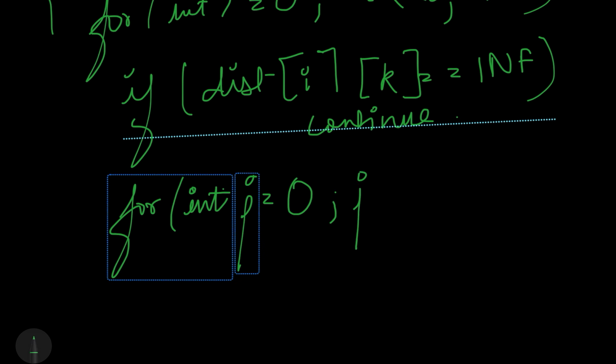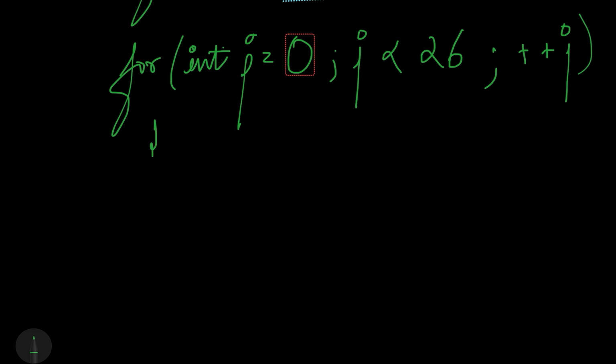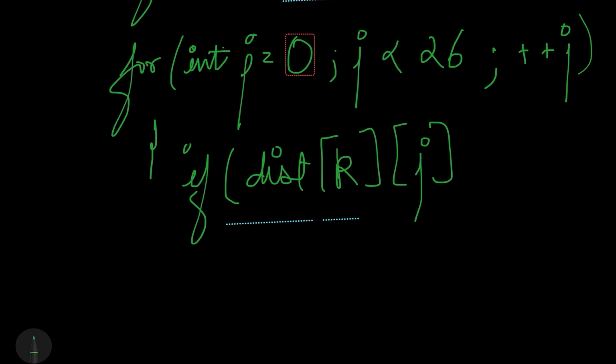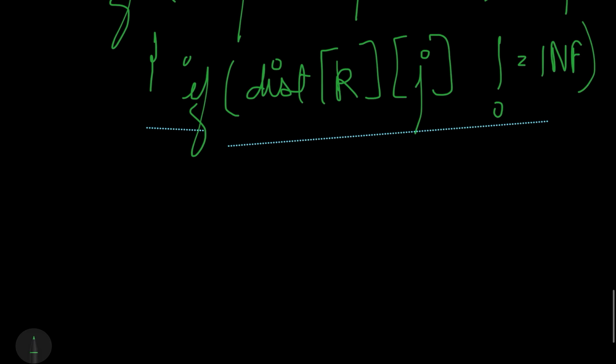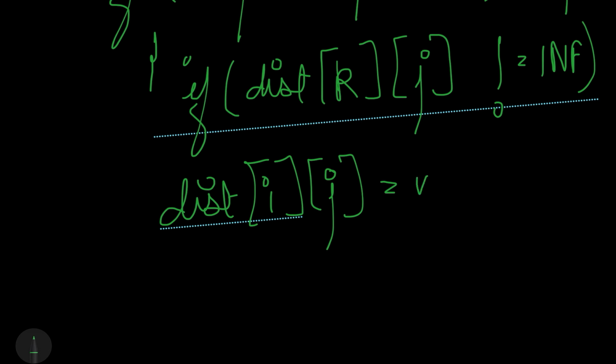Now in j equal to 0, j less than 26, plus plus j. Now we'll check if distance of k comma j is not equal to inf, means it is already assigned some value, then what would be our distance of I comma j?